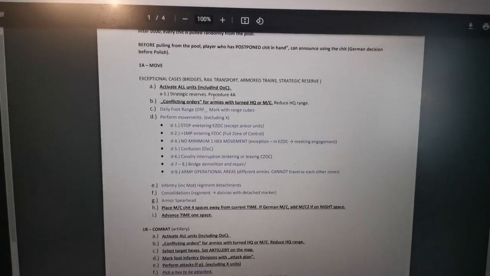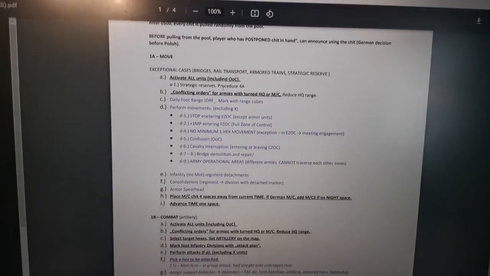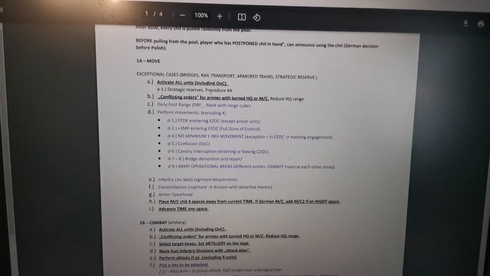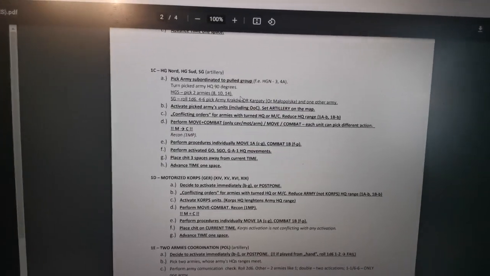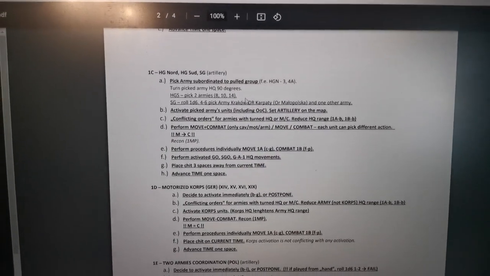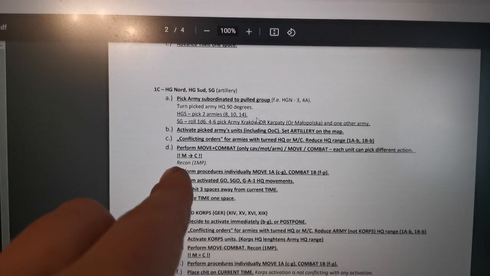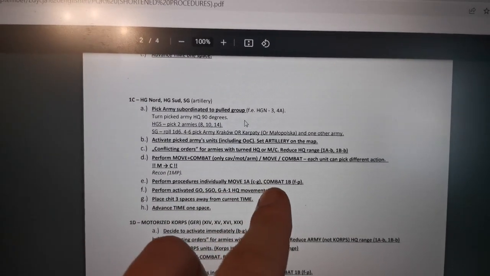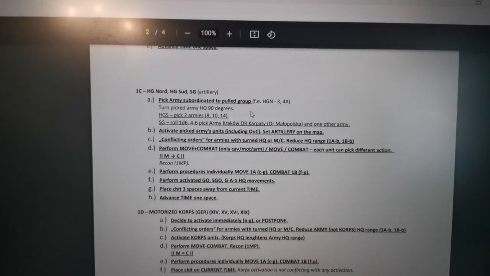And why are those steps in a different color? Because this is the main procedure for all movements. So 1A, C to G are always the movement procedures. So for example, if we go to 1C, one army activation, we perform procedures individually, move 1ACG, combat 1BFP.